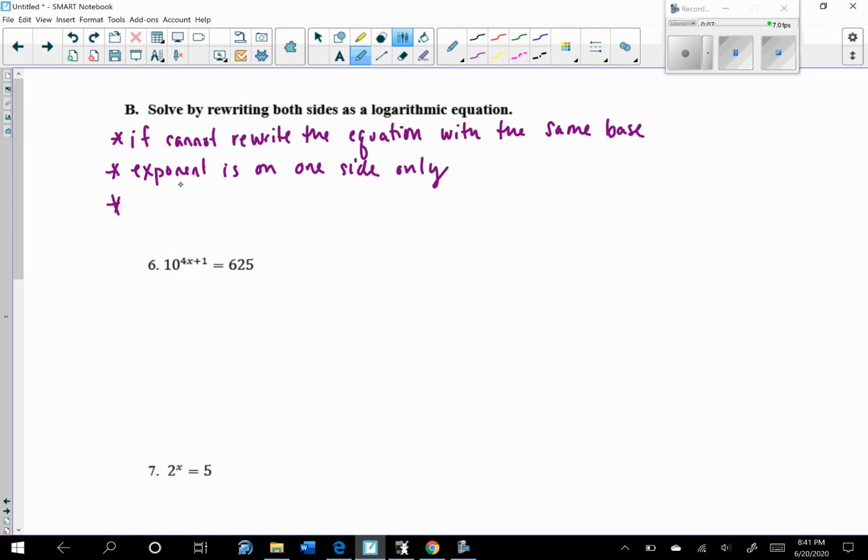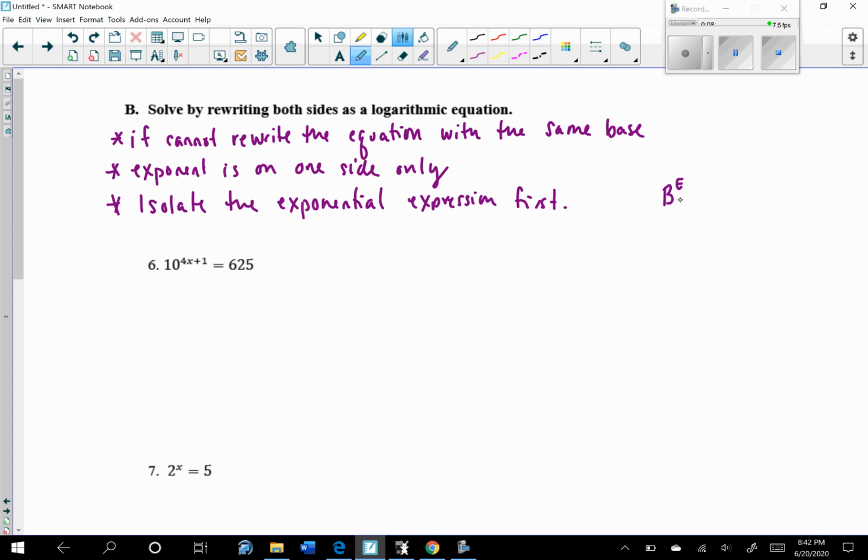And when we do this, you're going to isolate the exponential expression first. So make sure you always isolate the exponential expression first. Remember, the exponential expression is the base to the exponent. So like this whole entire thing would be the exponential expression, b to the e power.